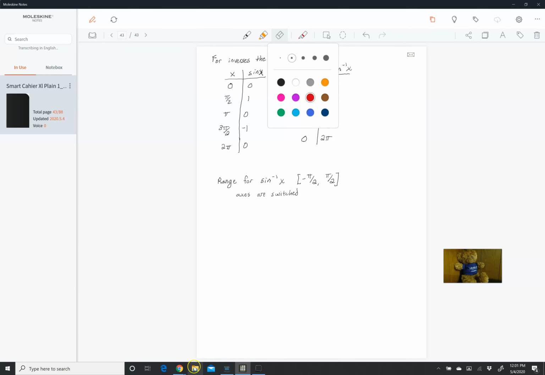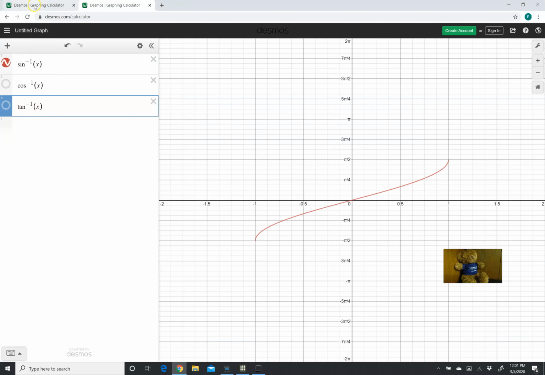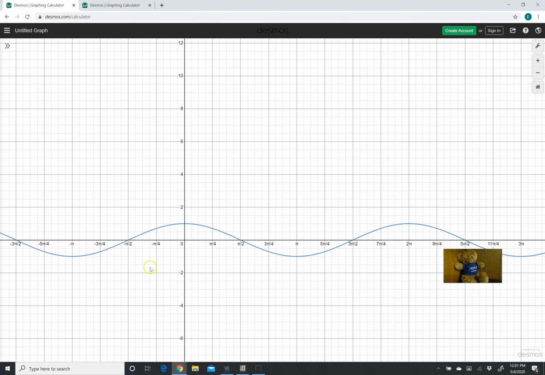If we take cosine, let's first look at the cosine graph. And you're going to see the same problem with the cosine graph. It's not one-to-one. So this means that once again, we have to delete part of the function. We want to make sure that we get all of the y values from 1 to negative 1, but we don't repeat any. So we can't go from negative pi over 2 to pi over 2.